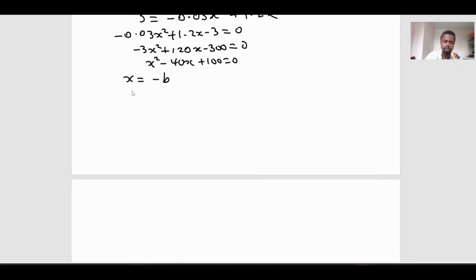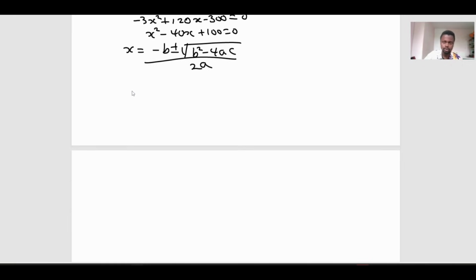So x is minus b plus or minus square root of b squared minus 4ac over 2a. So we have x equals minus minus 40 plus or minus square root of minus 40 squared minus 4ac over 2a.